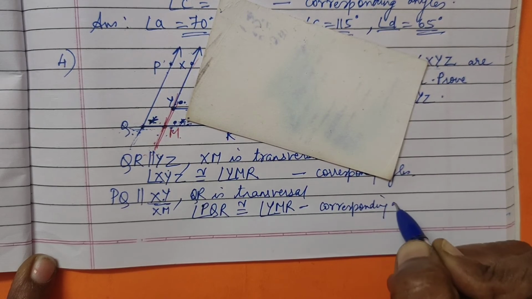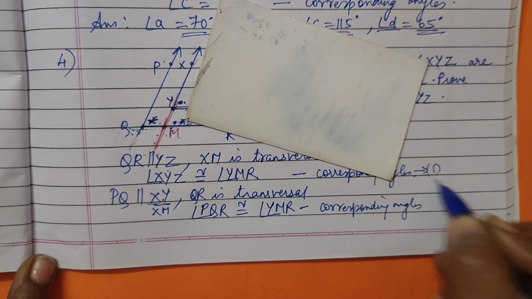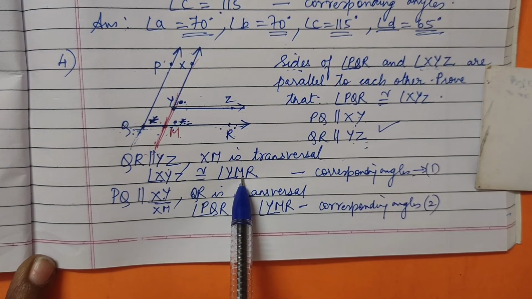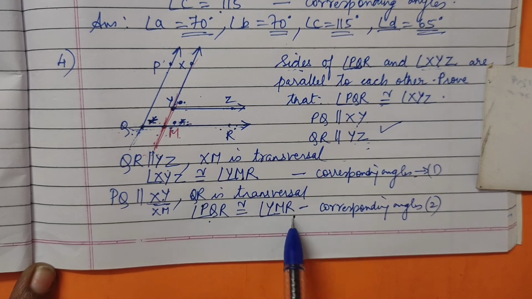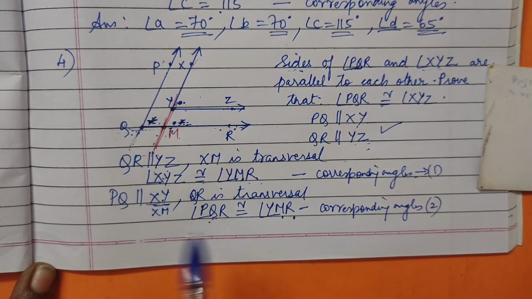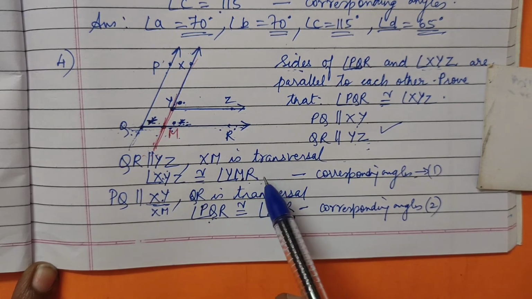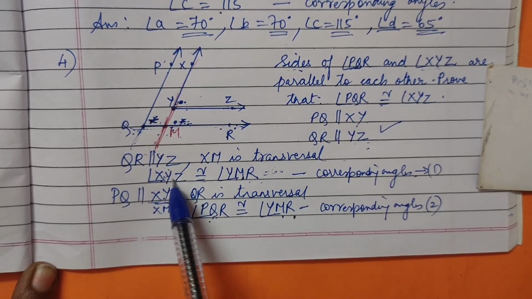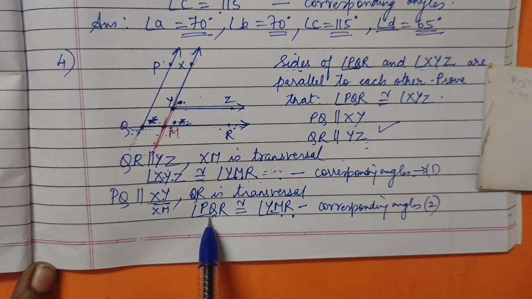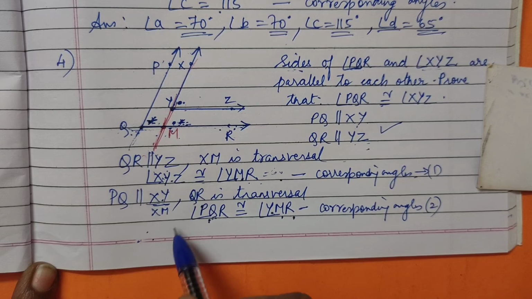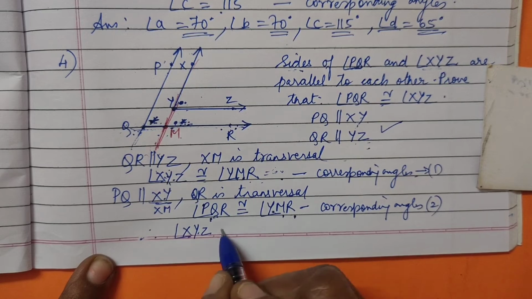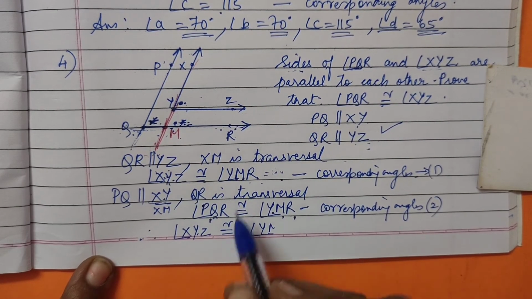Now if you compare, this is our first one and this is our second one. XYZ is equal to YMR and PQR is equal to YMR. Both are equal to YMR, so can we say they are congruent to each other? Imagine this is 60 degrees, then YMR is 60, so XYZ is 60, and PQR is also 60. Therefore we can say angle XYZ is congruent to PQR.